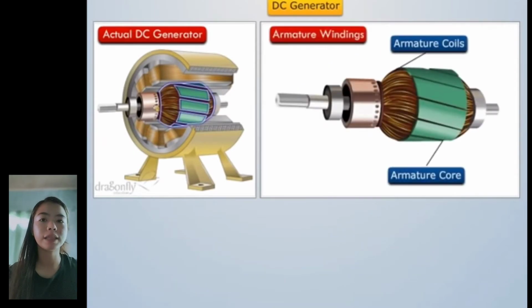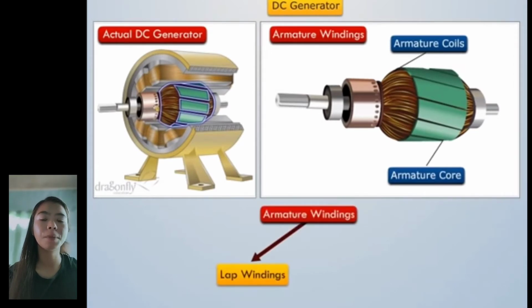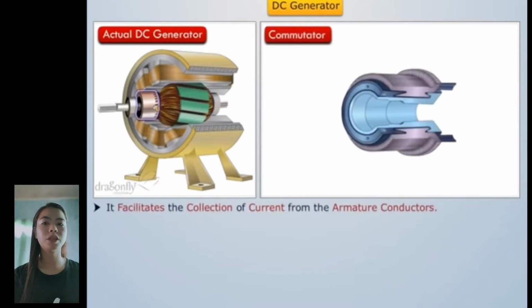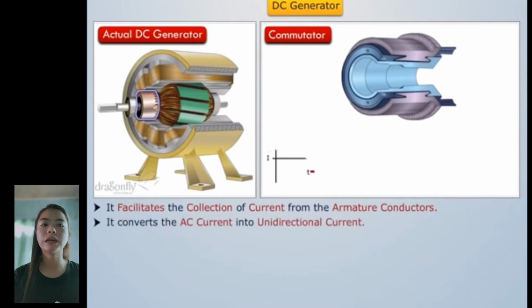Armature windings. There are two types: lap windings and wave windings. So, ang pinagkaiba nilang dalawa ay dahil sa arrangement ng connections on the front of commutator of the armature. Commutator. It facilitates the collection of current from the armature conductors.